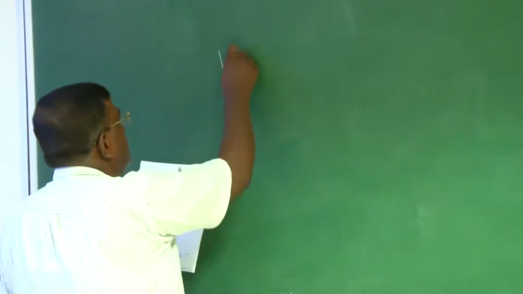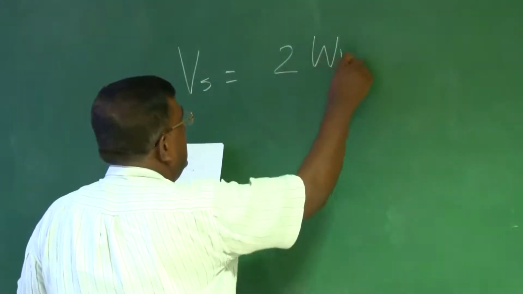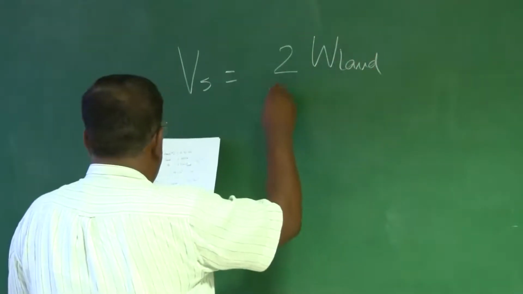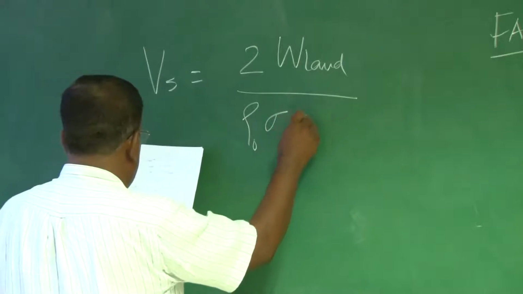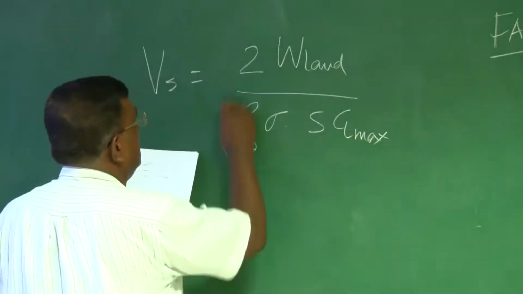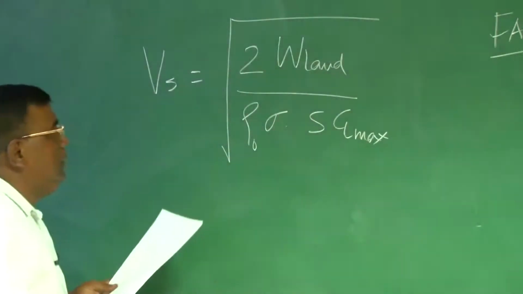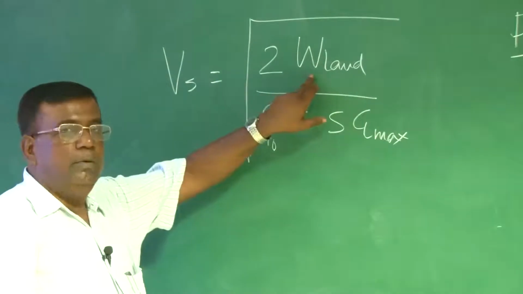Yes, what are we looking for? We are looking for wing loading. So I write now W land by rho naught into sigma into S CL max. Please see the difference here. W land is W landing.